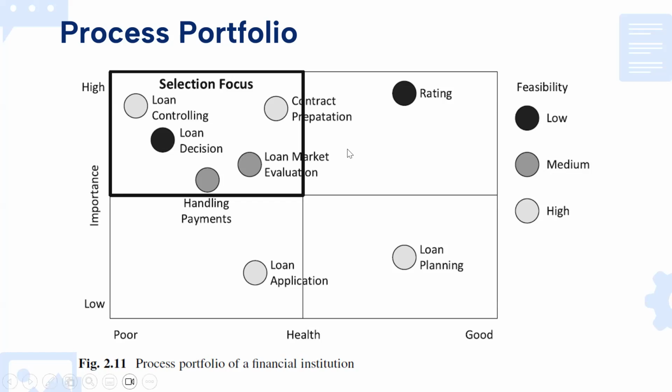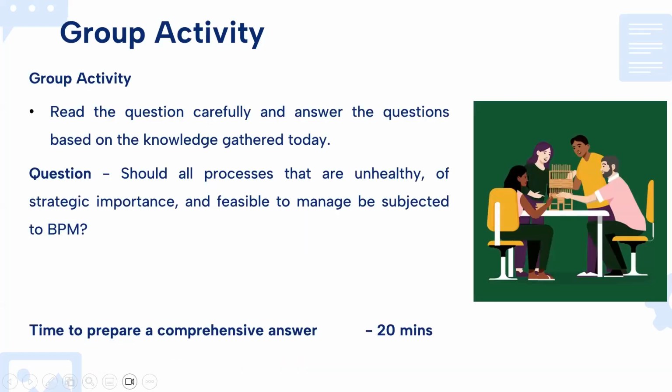And I will explain very briefly. Okay, so you don't need to take 20 minutes. What I'm going to do is you have to read the particular question carefully: should all processes that are unhealthy, of strategic importance, and feasible to manage be subjected to BPM?